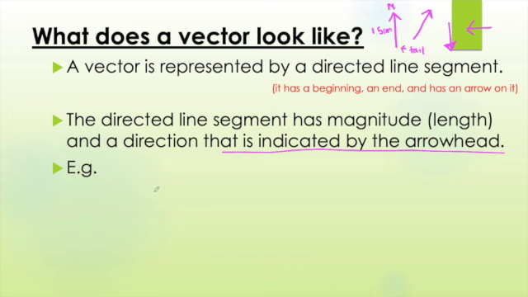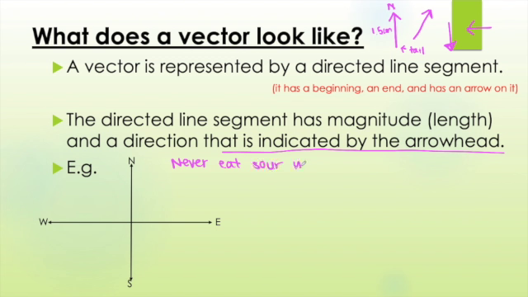For an example, here is our coordinate grid, but we have labeled it with our directions north, east, south, and west. A way I remember that is never eat sour watermelons. I'm sure you've all been taught your own way to remember that, but that's how I remember it. Just make sure you're labeling it correctly. And then you would put your arrow.